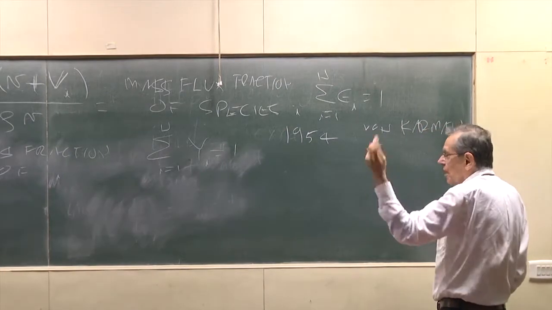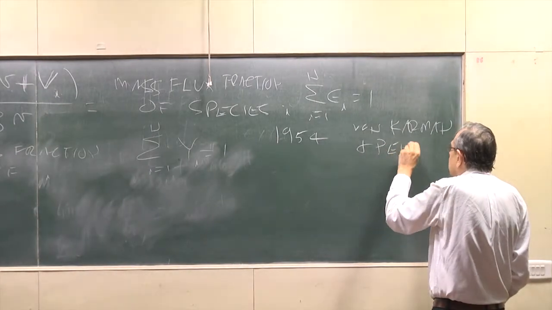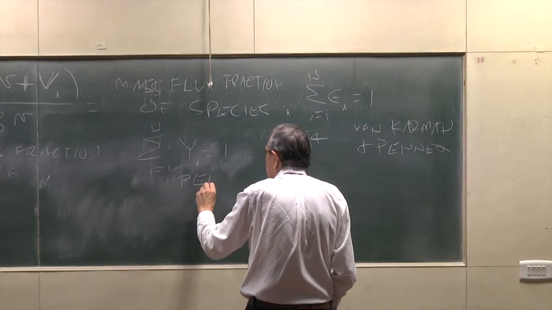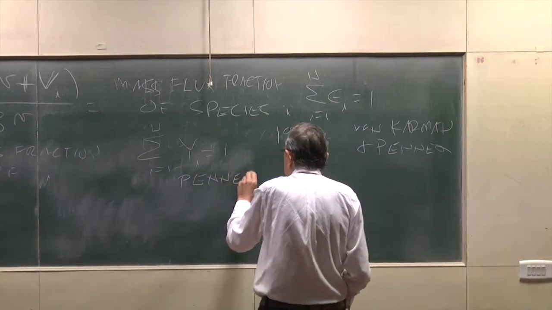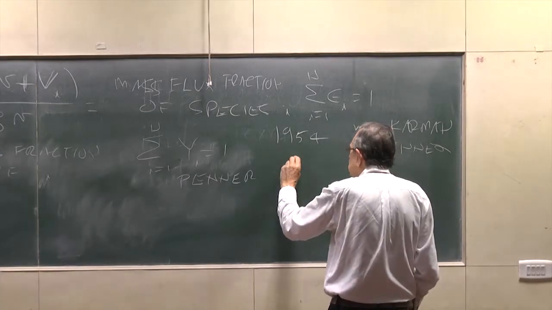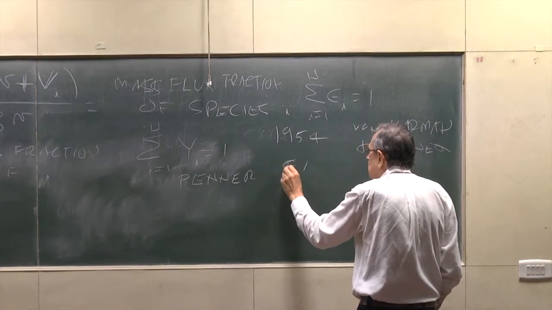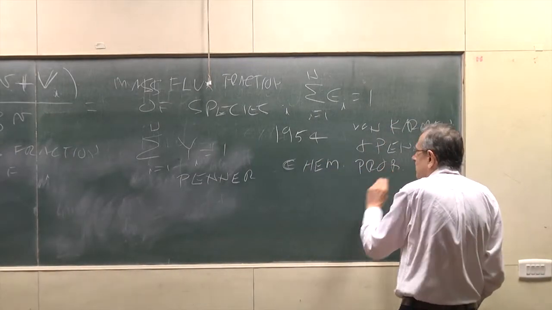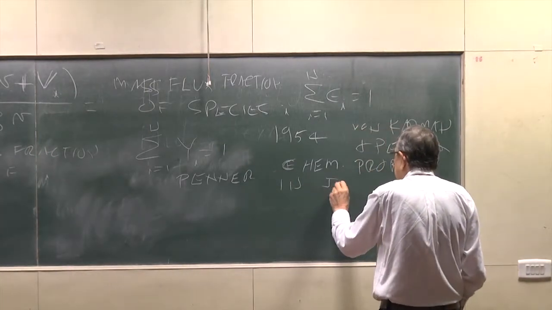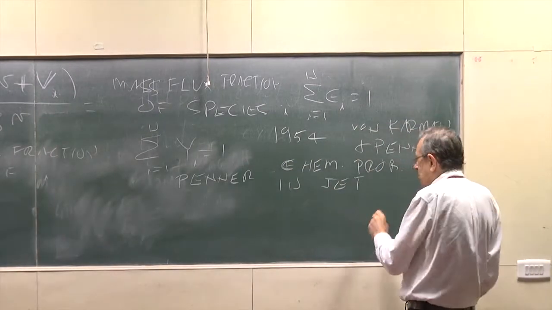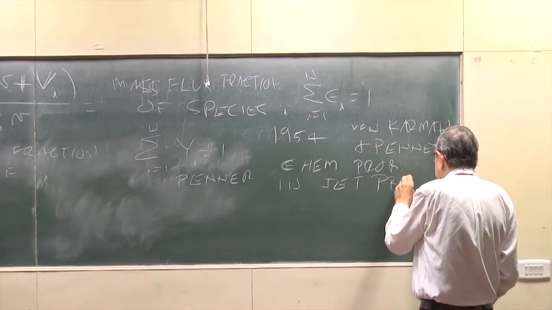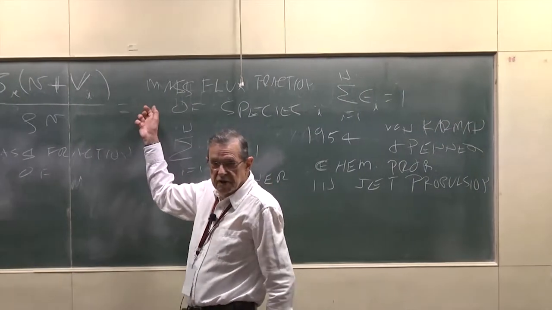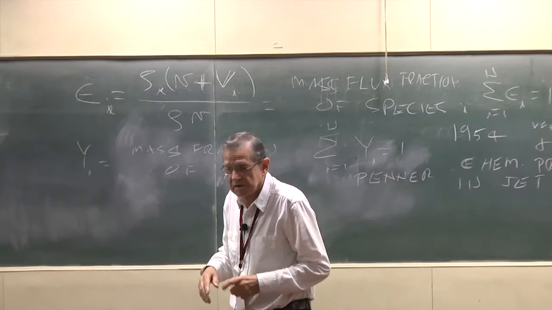The book by Penner, an old book, is Chemistry Problems in Jet Propulsion. In discussing flames, he works with the mass flux fractions, and they're useful in this context as well.